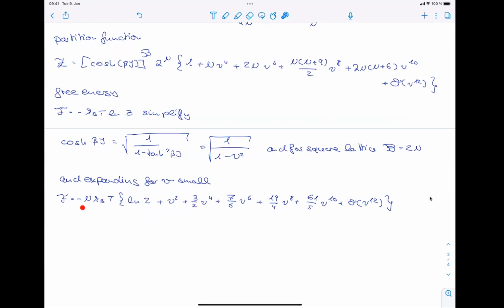And so we only have a linear scaling of the free energy with the number of bonds. So the free energy per spin, which means normalizing the free energy by the number of lattice sites, is independent of the size of the lattice. And that needs to be that way. Otherwise we totally would have screwed up, because the free energy can't depend on the size of the lattice if I only have nearest neighbor interaction.